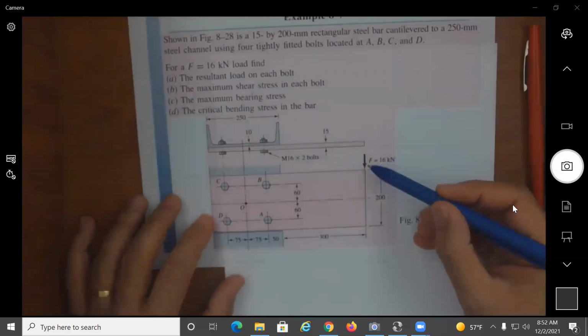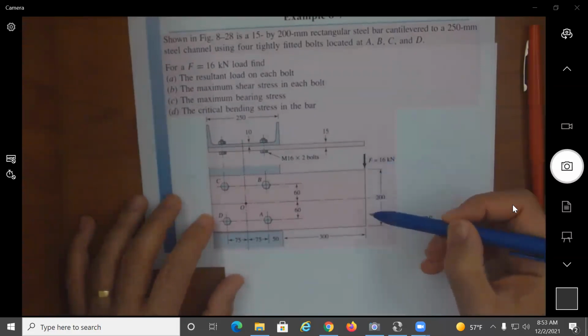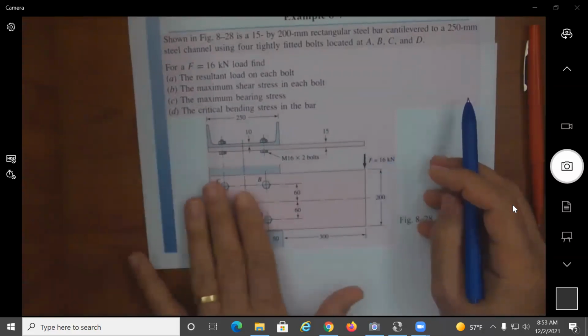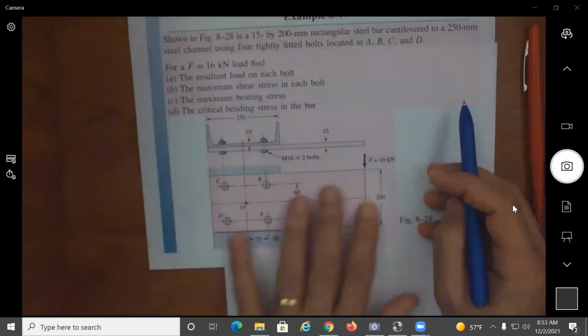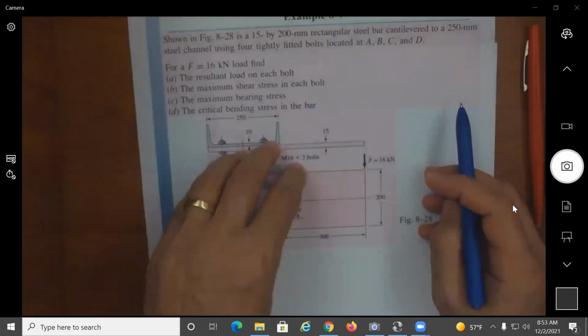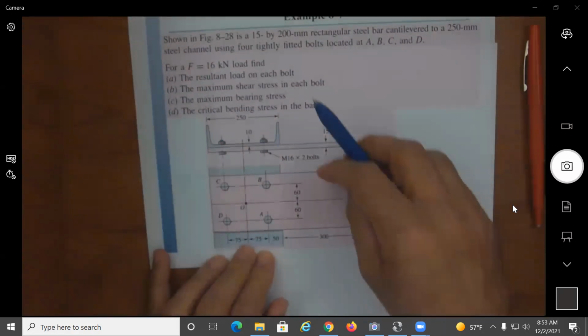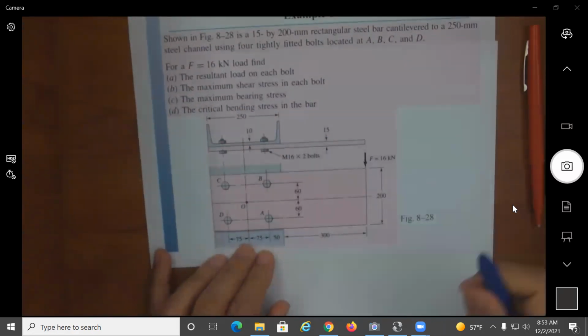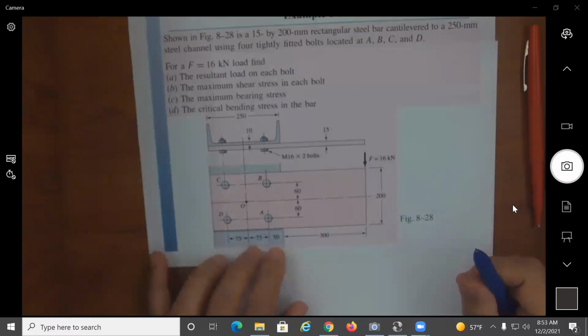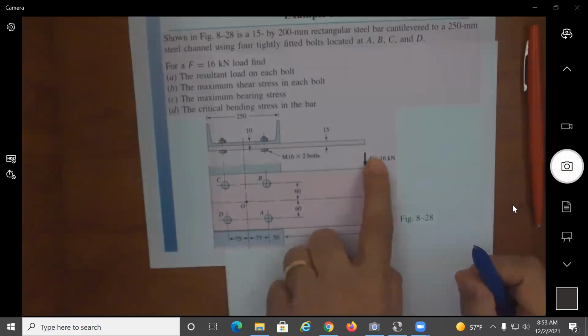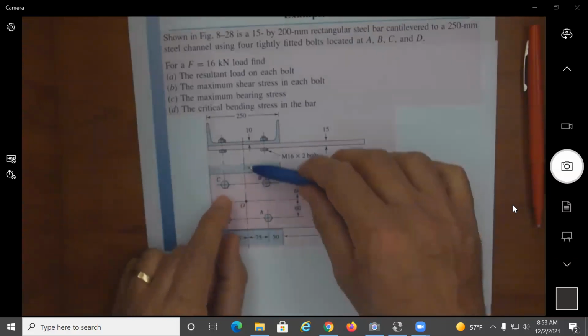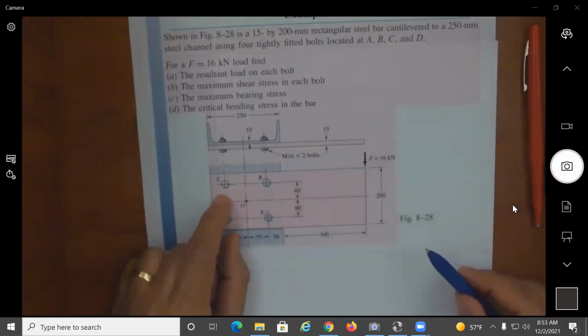There is a force F of 16 kilonewton applied. You can imagine this rectangular steel bar is behaving like a cantilever. It's fixed to that channel, and there is a force being applied to it. This force has a line of action that does not go through the line of symmetry or through the centroid of the pattern.